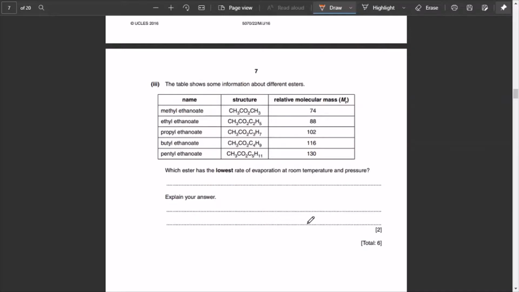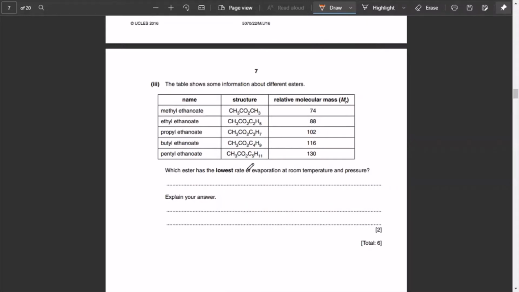Moving on to part 3, the table shows some information about different esters. Which ester has the lowest rate of evaporation at room temperature and pressure? Here we're talking about room temperature and pressure, which means these two things are constant.